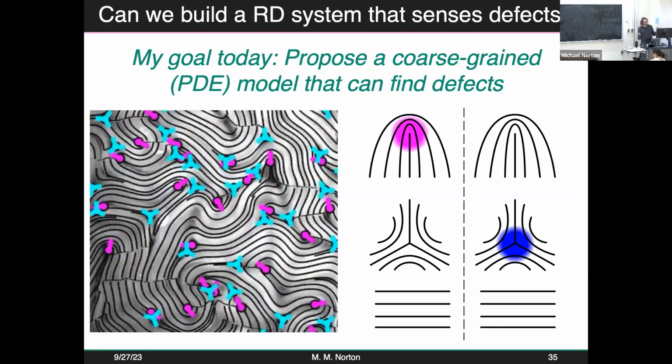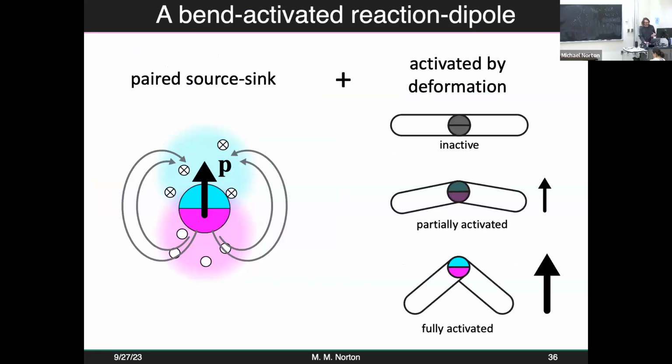So I'll just give you the punchline, which is that if you embed within this nematic an exotic but maybe still plausible enzyme, you can get this behavior. What I want you to imagine is that we have rod-like particles that are aligned with the nematic, but because they're embedded in the nematic, they're getting deformed by it as well. These exotic molecules, as they get bent, become chemically active, and the way in which they're chemically active is a paired source-sink dipole.